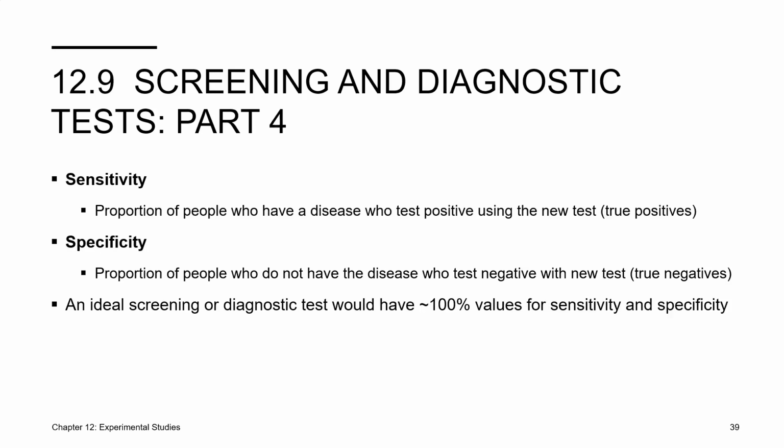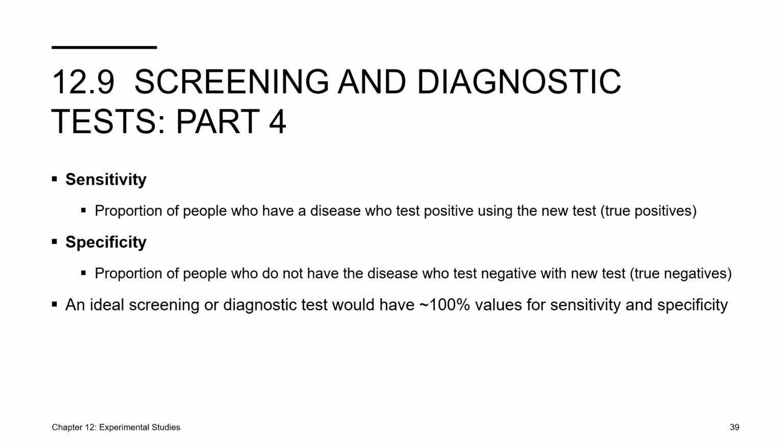So then here's where the concepts of sensitivity and specificity come in, and you've probably gone over these in your epidemiology course. Sensitivity is the proportion of people who have a disease who test positive using the test, and the specificity is the proportion of people who do not have the disease who test negative with the new test.